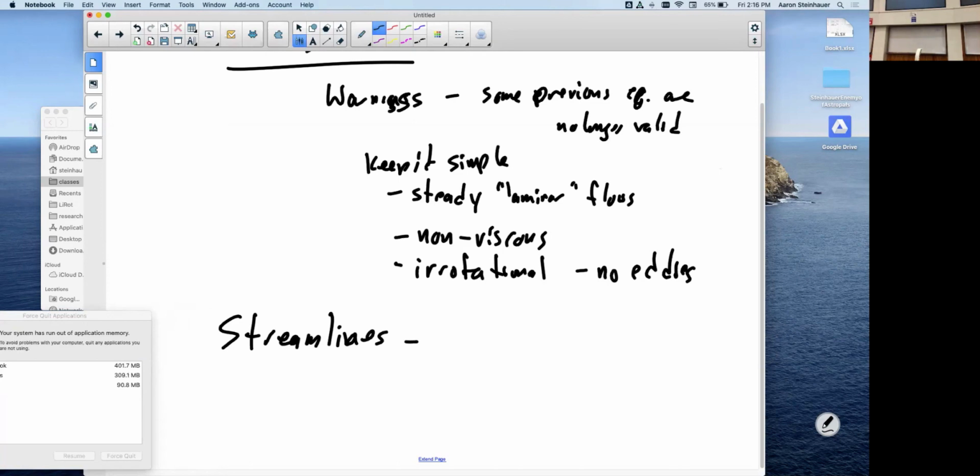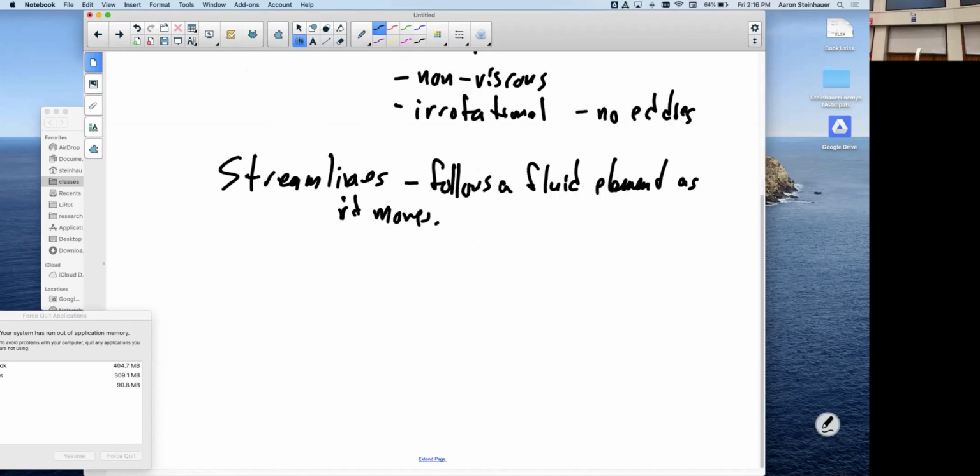So it follows a fluid element as it moves. That's probably good enough.